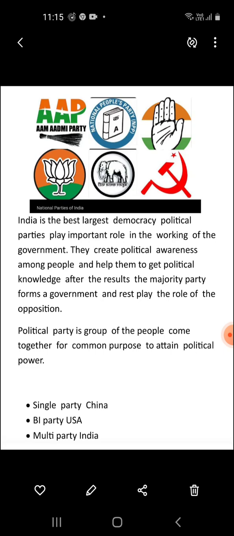Now, this is all about election, voting behavior and political party. Every year on 25th January, Voters Day is celebrated everywhere, in every institution, schools and colleges, in order to create awareness among the people about their voting right.